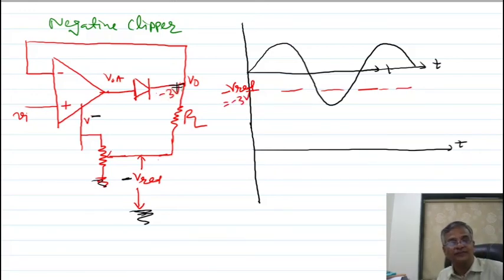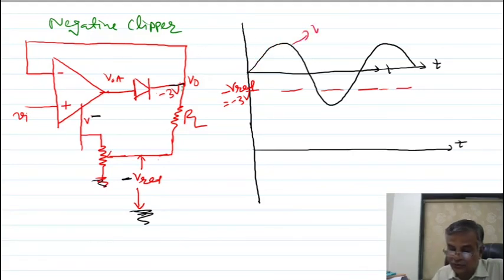I told you one line. For a negative clipper, the portion of the input signal below the reference level will be clipped. Let us justify how it is clipped. Here the voltage is -3, so this diode will be in forward bias up to -3 volt.